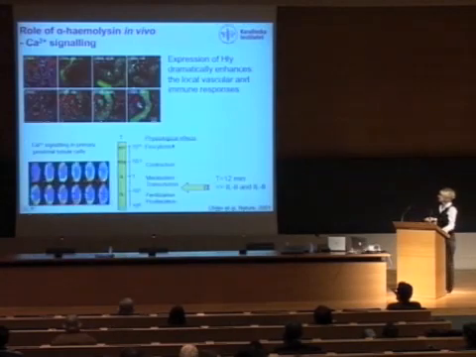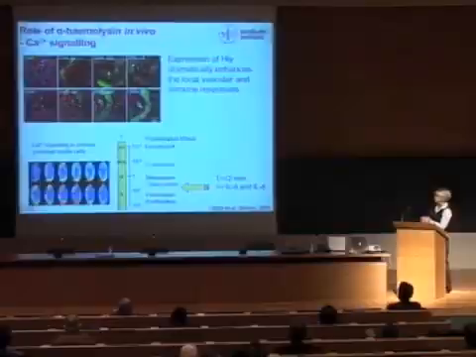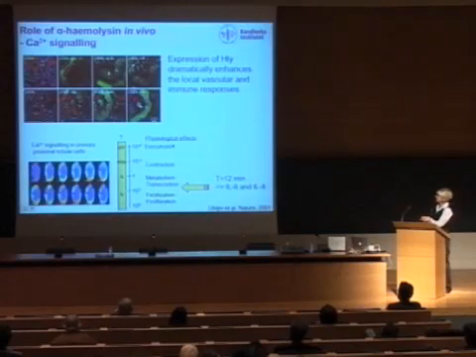Now, we haven't done the in vivo calcium imaging yet. We wish to do so. But at least this corresponds very nicely to our previous data, which shows that this toxin, alpha-hemolysin, elicits calcium signals in the proximal tubular cells in an oscillatory manner, so that the calcium oscillates in the target cell. It's quite established that the frequency of calcium oscillations is what dictates the physiological outcome in the tissue or in the cell.